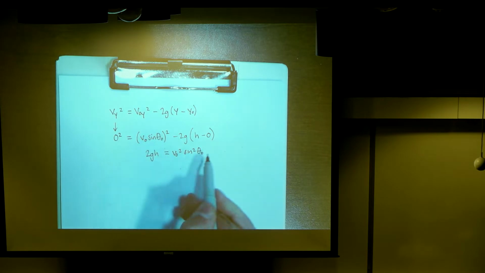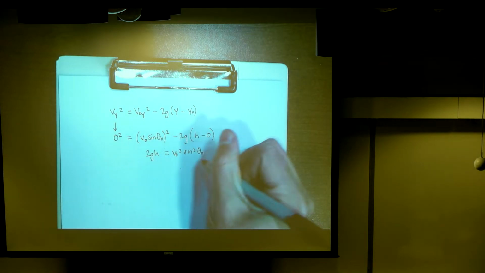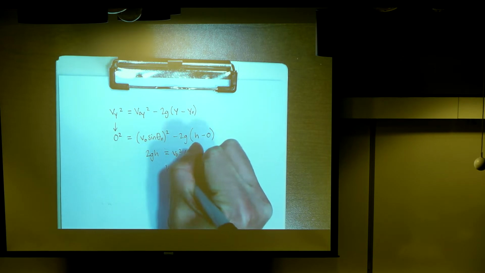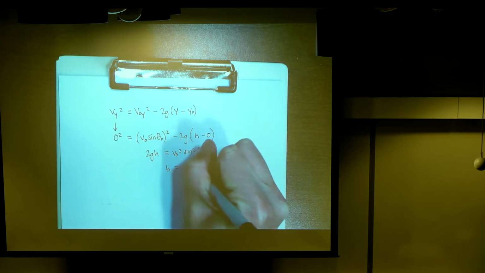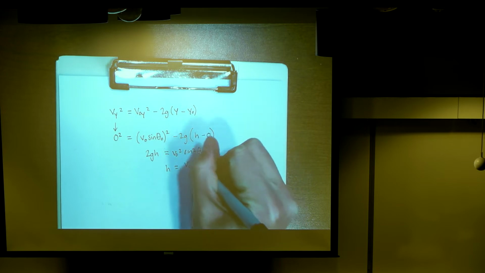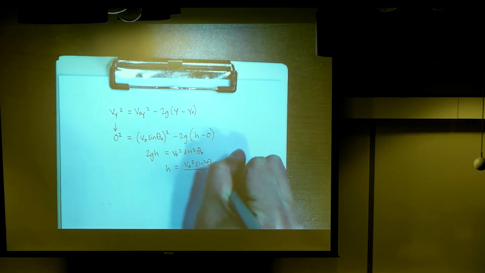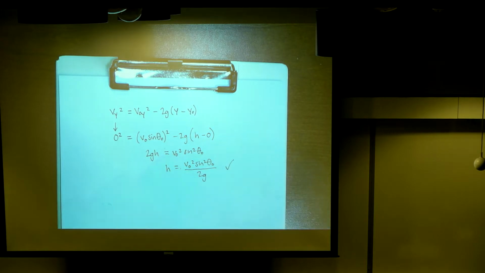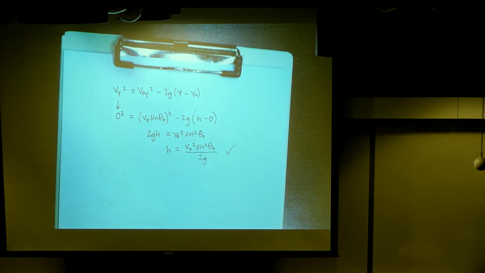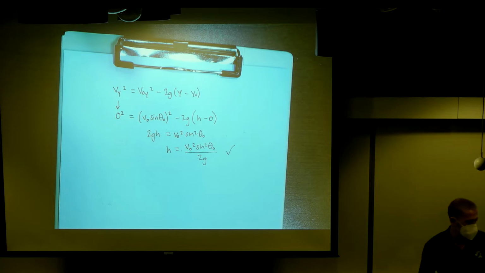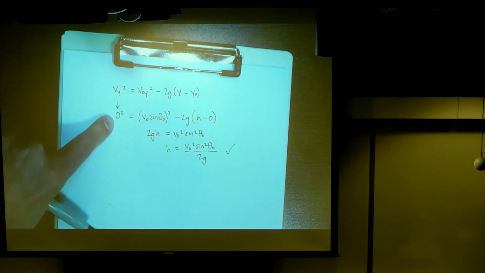So I'm just squaring this whole thing and showing how that works out. To solve for h, all I do is divide by 2g. So we have maximum height reached is v naught squared sine of the angle squared divided by 2g. So that's a formula for the maximum height that can be useful. But it really just came from this kinematic equation and setting the final y velocity to 0.